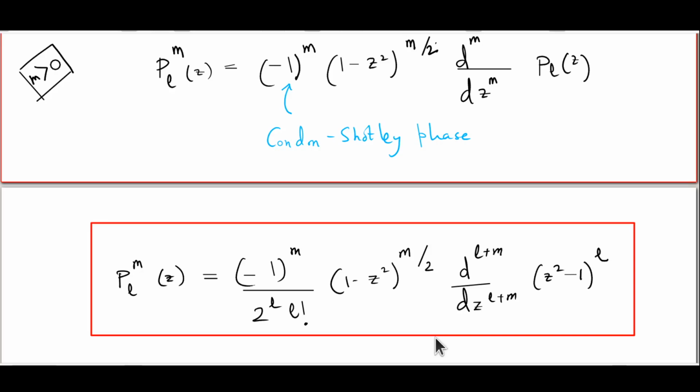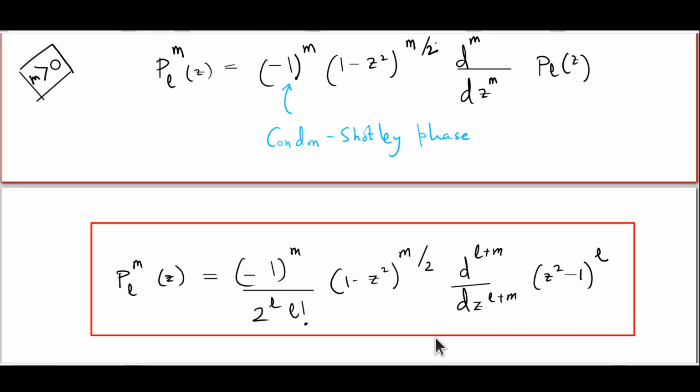But if you think about it a bit, one solution and only one solution is supposed to stay well behaved as z goes to plus minus 1. The other solution would not stay well behaved. And it is rather unlikely that the PLM that I am getting for negative m here is actually a solution that blows up as z approaches plus minus 1.